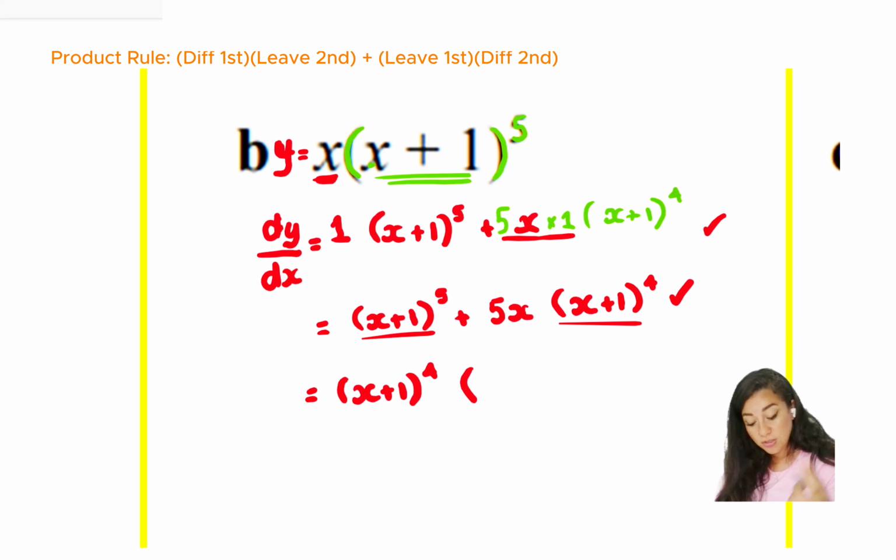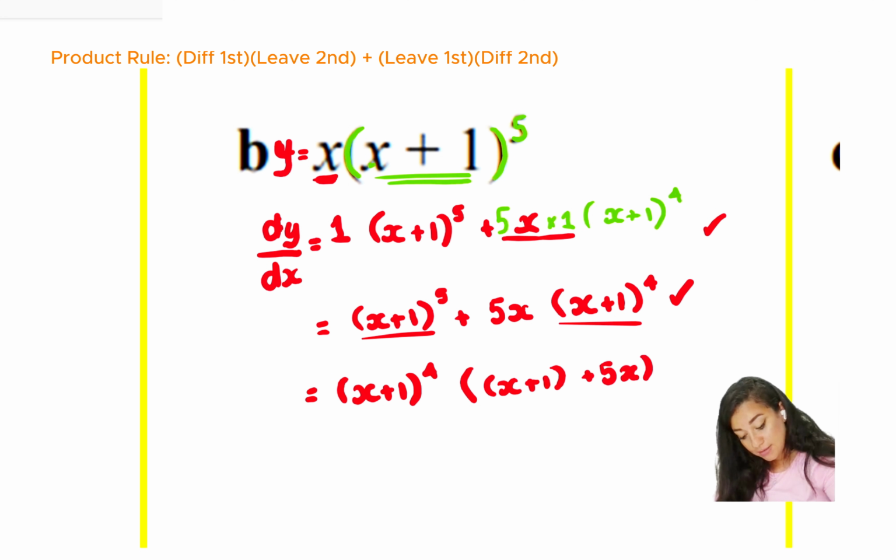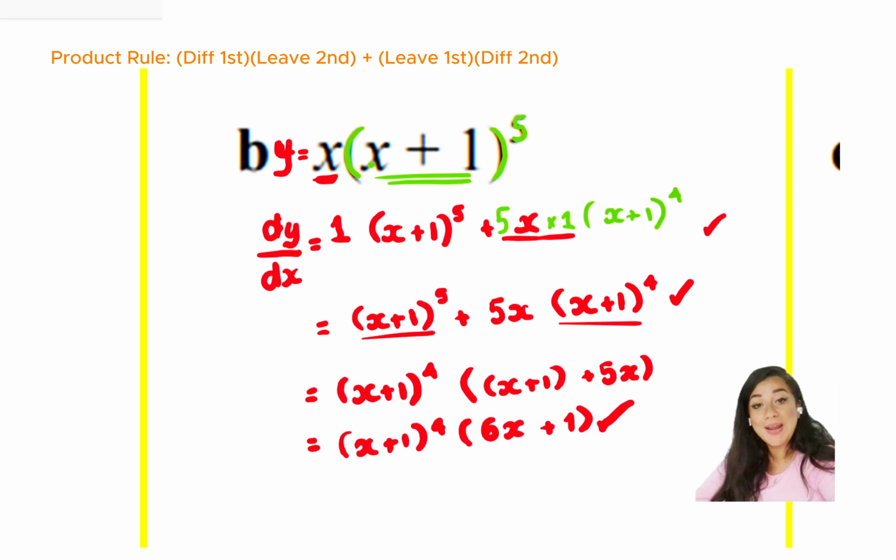I've got 5 over here, so I'm just left with one of them. So that's x plus 1. On the other side, I've already got x plus 1 to the power of 4, so plus 5x. And I can simplify that to look like x plus 1 to the power of 4, 5x plus 1x, 6x plus 1. And that's also correct.